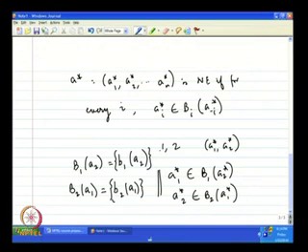It does not have more than one element. In that case, what I need to solve is these two equations.